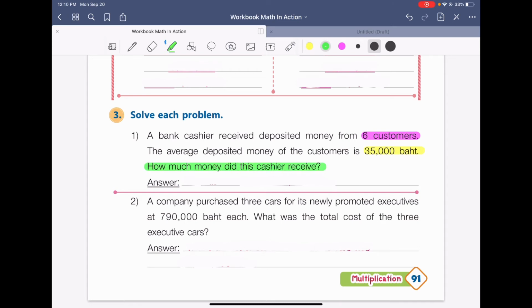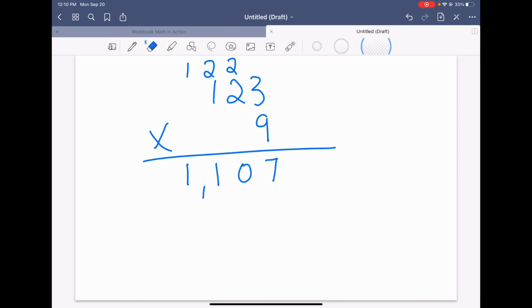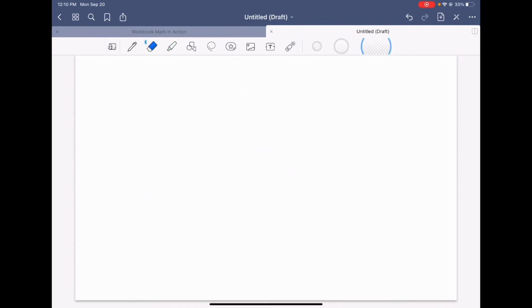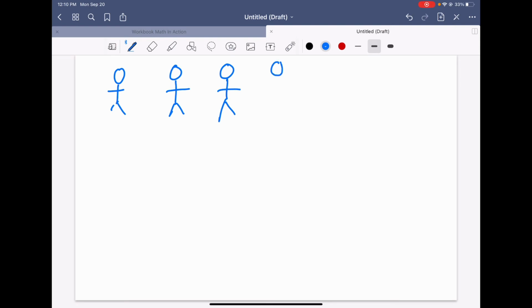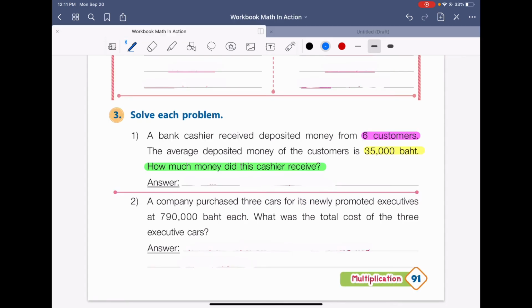All right, so there's 6 customers, right? Let me erase this. We can draw this out. We have 6 customers at the bank. 1, 2, 3, 4, 5, 6, right? It says 6 customers, and the average deposit of money of the customers is 35,000 baht.